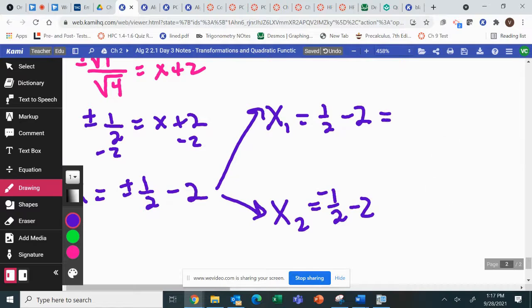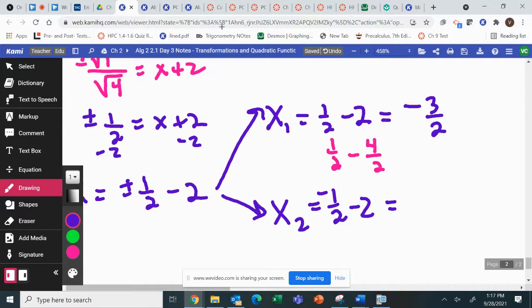So now we just need to know how to find those answers. You might be able to think about it and figure it out, or you might need to find common denominators. That's going to depend on your memory of fractions. If I take a half and then I go down 2, or if I find common denominators, a half minus 4 halves, that's going to be negative 3 halves.